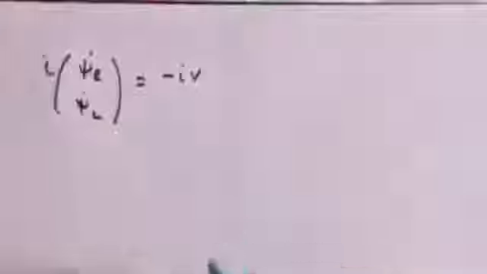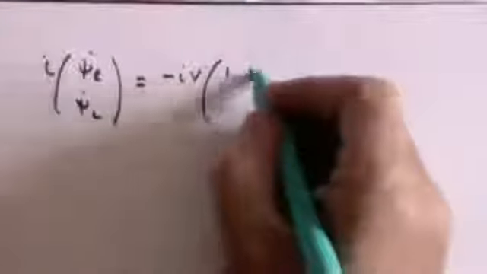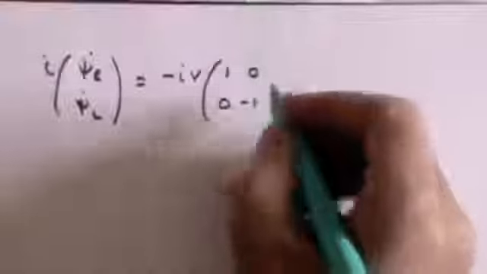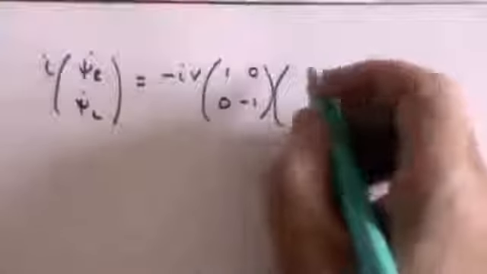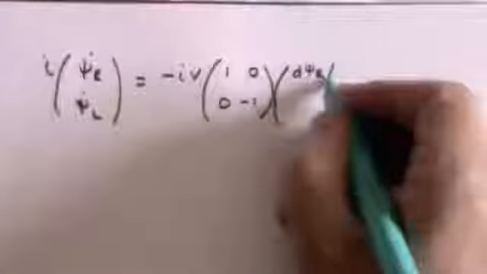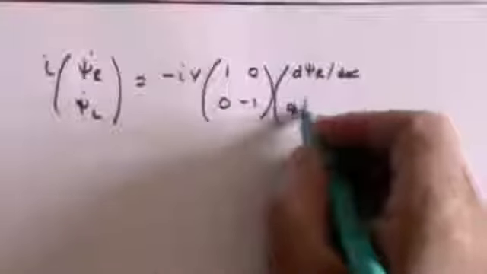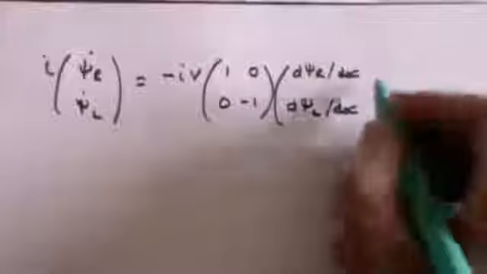So now we can write the Dirac equation as i times psi right dot, psi left dot, which remember are just the shorthand ways of writing the derivative with respect to time, is equal to minus i times v. We often set v equal to 1, but let's put it in full, times alpha, which is 1, 0, 0, minus 1, times the vector, which was d psi right by dx and d psi left by dx.